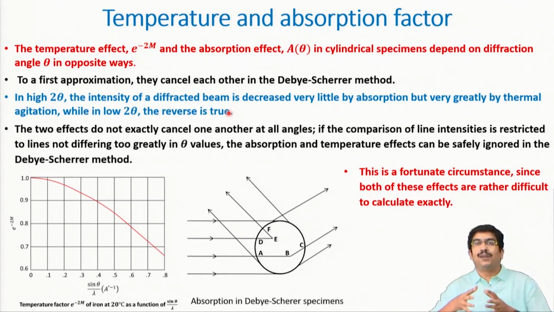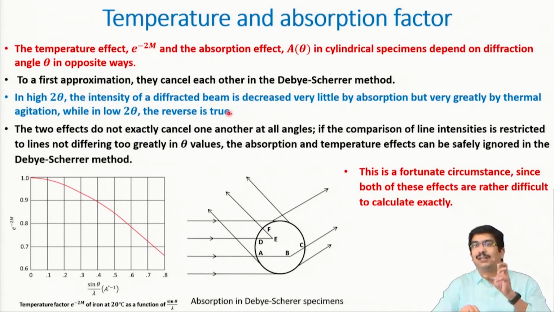So, for a cylindrical specimen, these two effects basically cancel each other. May not be exactly cancelling each other, but they sort of cancel. For a powder specimen, the absorption factor is independent of theta, so the entire decrease in diffracted intensity with 2 theta is because of the temperature factor.